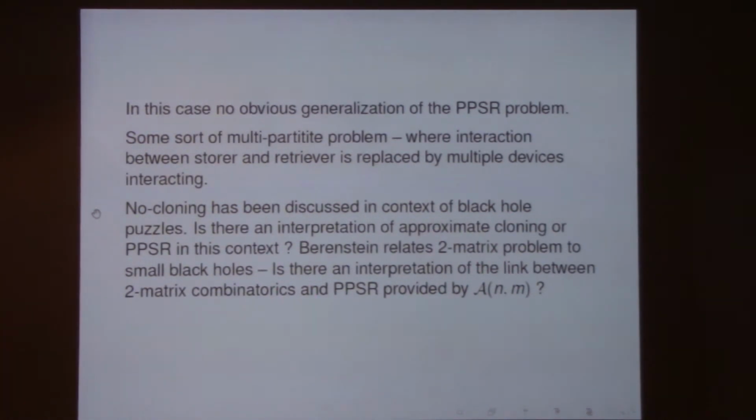So these are some things one can think about. And so this is one example of ideas from holography, which have to do with matrix combinatorics, but an algebra underlying that, which has applications to information.